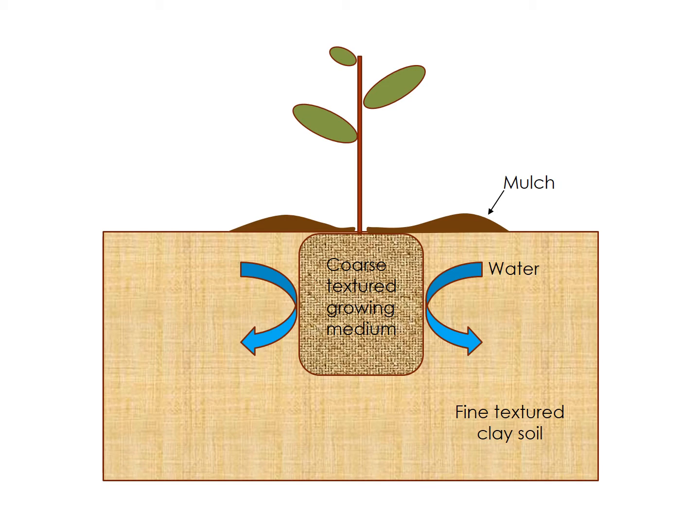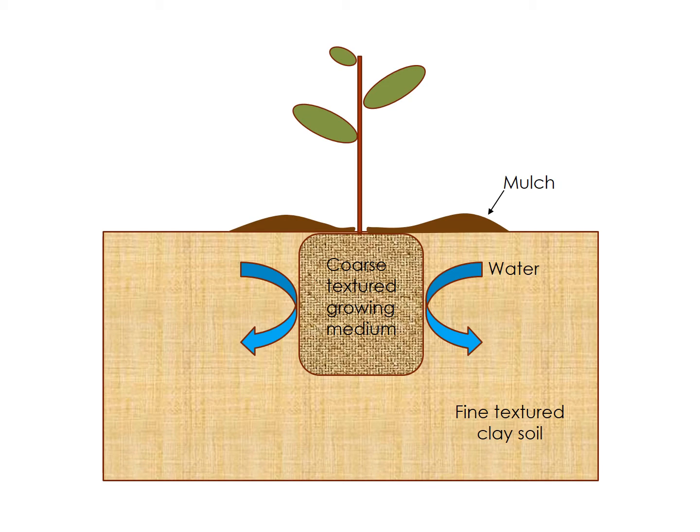So imagine that you have a plant that was grown in a coarse textured growing medium. So the growing medium is soilless, it's well drained, and it has a coarse texture. And that plant was placed into a soil that has a very fine texture, maybe a clay soil, for example.